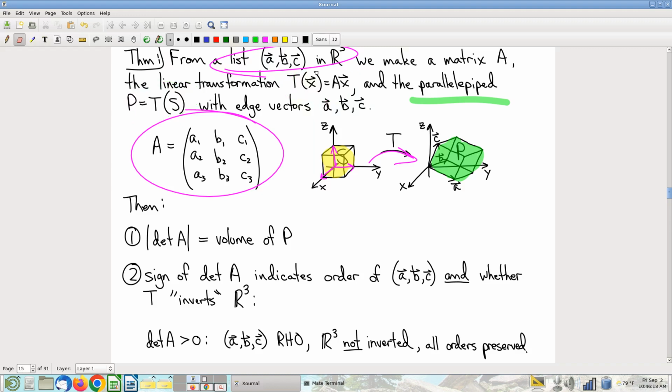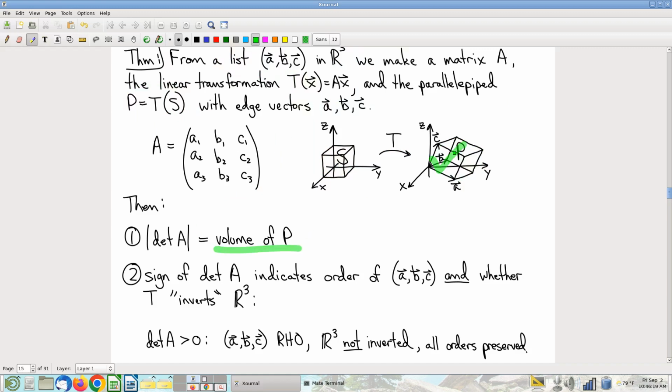And being as it's three-dimensional, not two-dimensional, you'd probably guess that the absolute value of the determinant gives you the volume, and you're right. And you'd probably guess that the leftover, the plus or the minus, the sign of that determinant, can't tell us clockwise, counterclockwise, because that's not a thing in three dimensions.